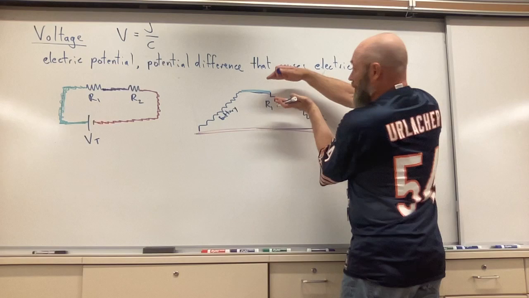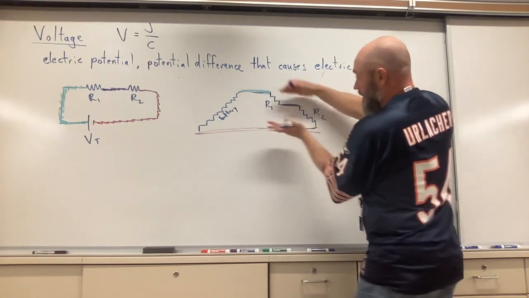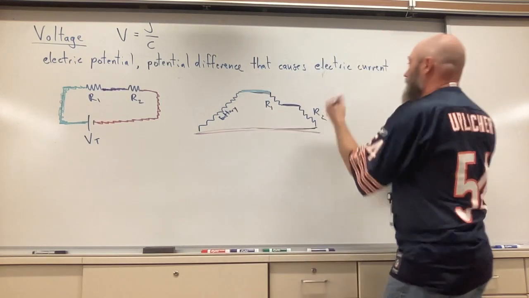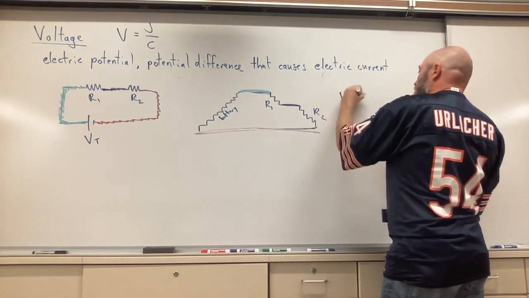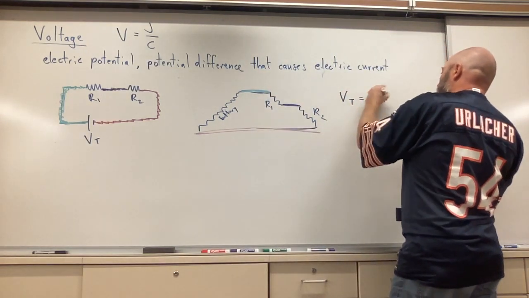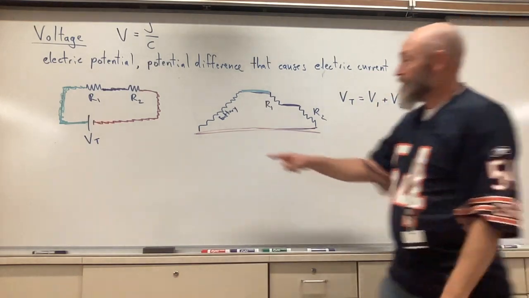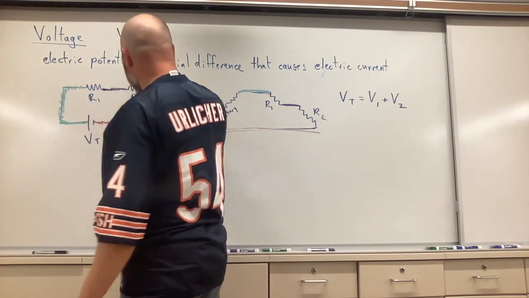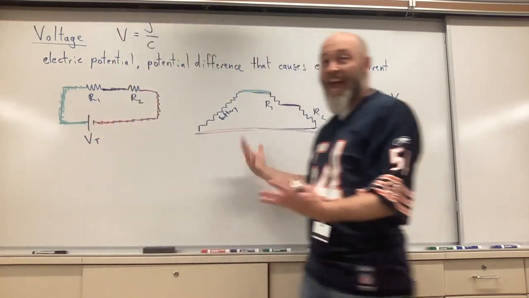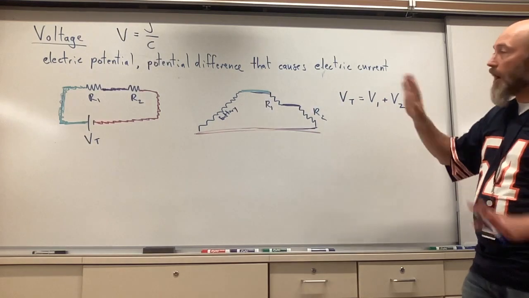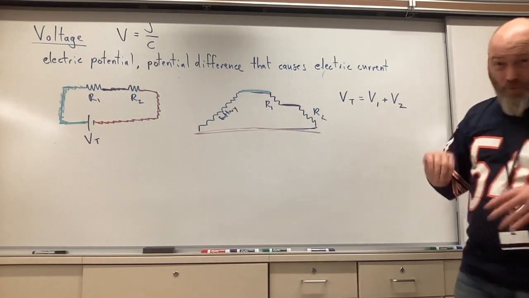Well, that's going to equal this plus this, which, if I was to write an equation for that, would look like this. Okay, why? Because as you go around, your voltage has to add up. That's the loop rule.